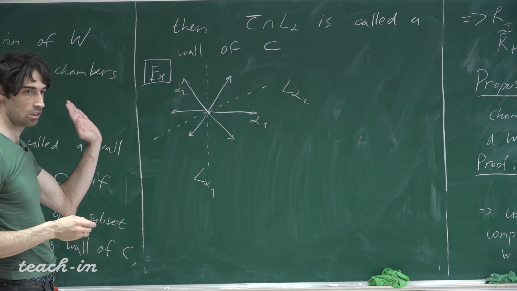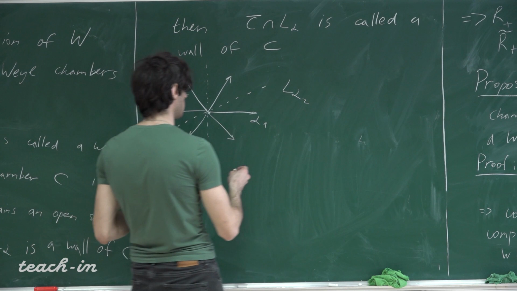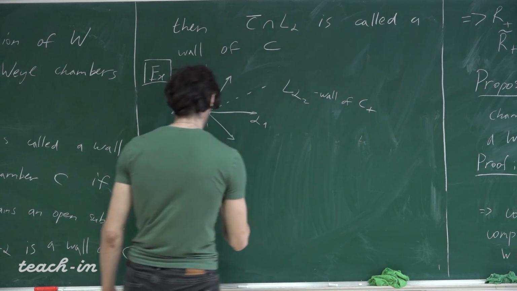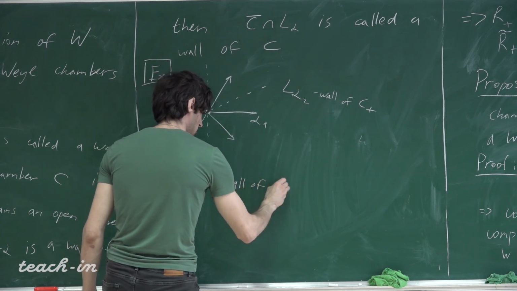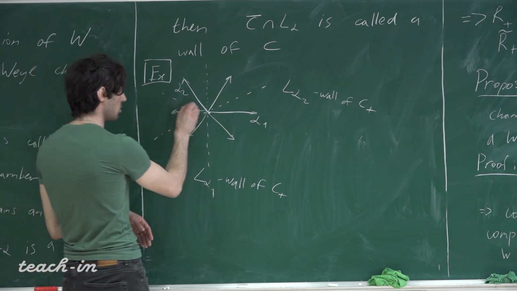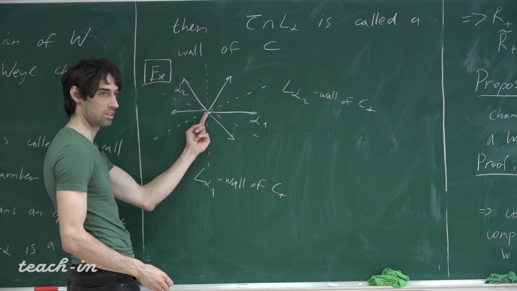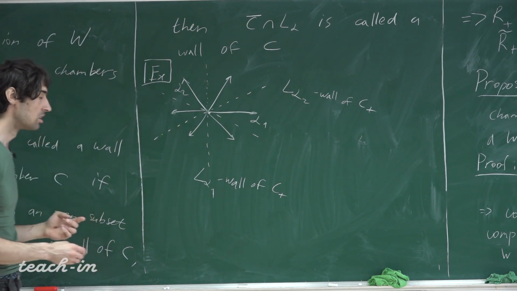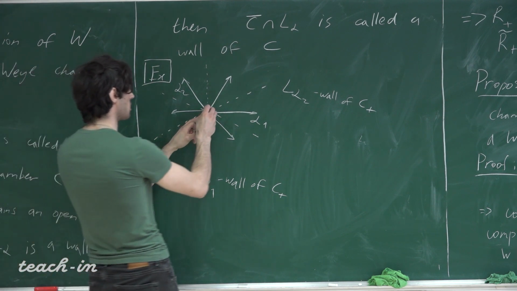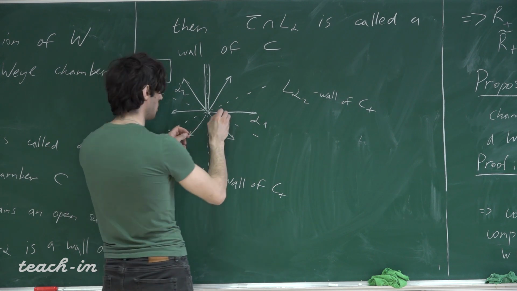So L alpha 1 and L alpha 2 are walls of C+, so this is a wall of C+, and this is a wall of C+. But L alpha 3, which is this one, is not a wall of C+, right? It just touches it at the origin. On the other hand, what is a face? So a face of C+ is, of course, this thing. This is one face, and this is another.